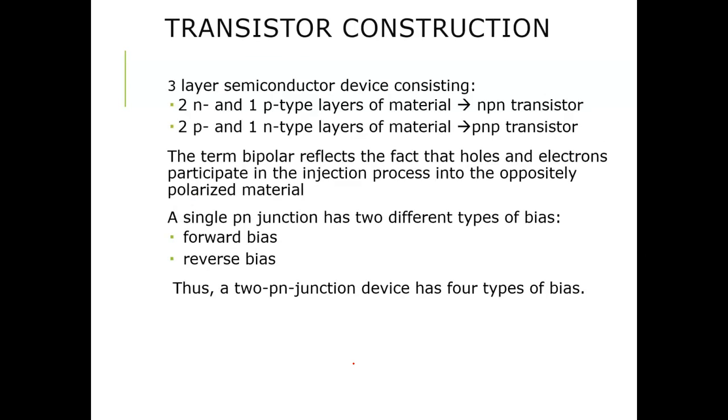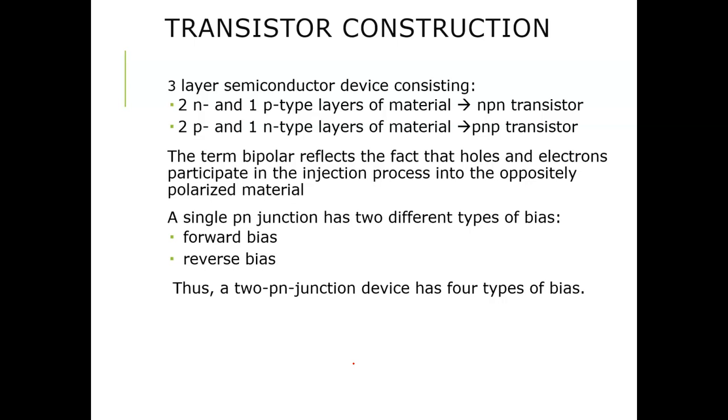Obviously a transistor is a semiconductor device. When you go for a semiconductor device of NPN transistor, there would be two N regions and one P-type layer.